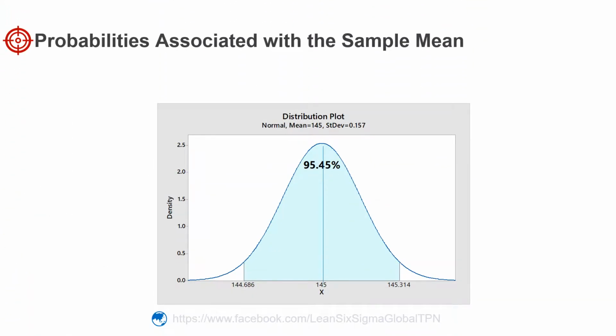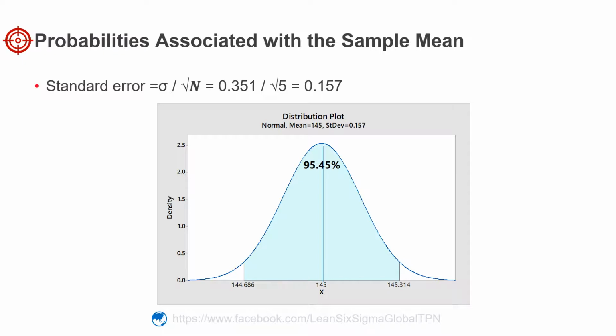The standard deviation of the sampling distribution of the mean, the standard error, is equal to the population standard deviation divided by the square root of the sample size. If we take the sample standard deviation as our best estimate of the population standard deviation, the standard error of the sample mean is about 0.157.